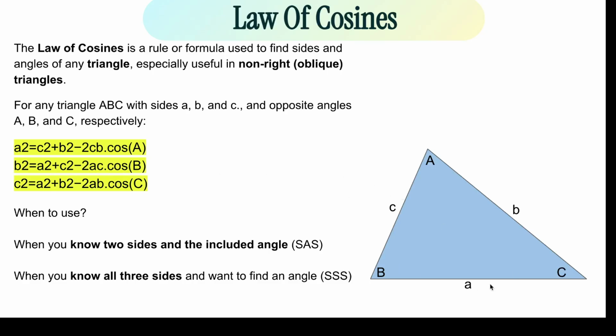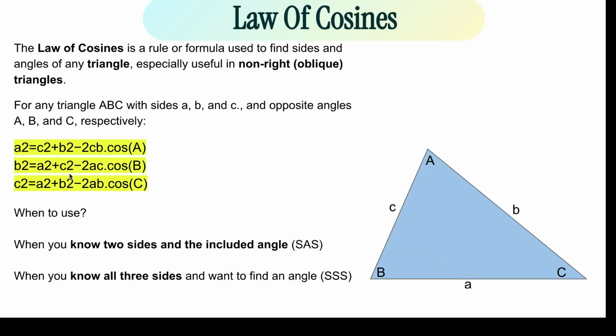For example, let's say we're missing this side. The formula says that this side to the power of 2 is equal to the other two sides added, each one of them to the power of 2, minus 2 times the product of the other two sides times the cosine of the angle opposite to the side that we're looking for.